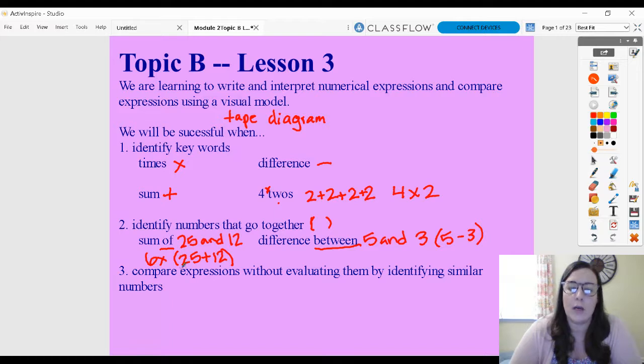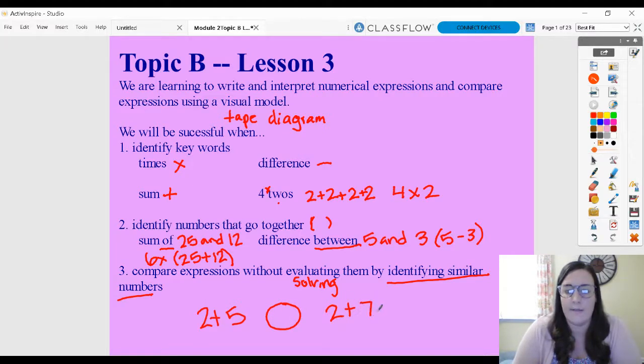We also are going to be able to compare the expressions without evaluating them or solving them. We don't want to solve them. We want to look for similar numbers. So I'm going to give you a simple example here. If we saw 2 plus 5 and we wanted to compare it with greater than, less than, or equal to 2 plus 7, we don't actually have to solve these numbers to know which one is going to be the bigger sum or the bigger value.